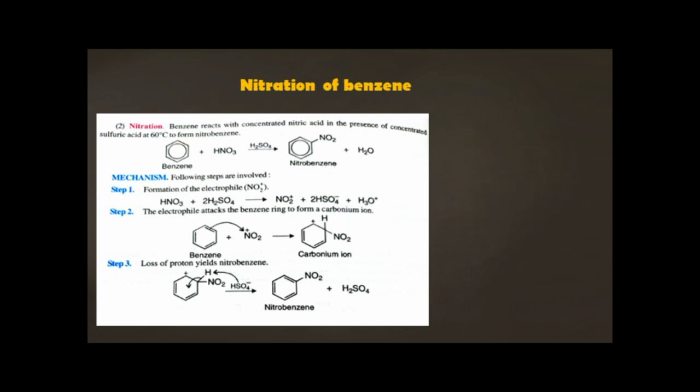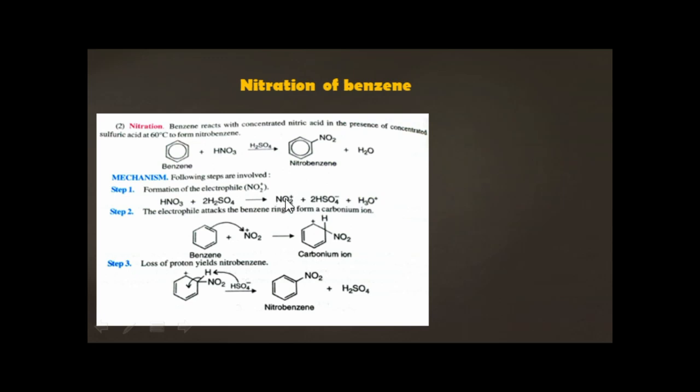Let me point out the mechanism for this nitration of benzene. As usual, in the first step, the formation of the electrophile: NO2 plus electrophile is generated from the mixture of concentrated nitric acid and sulfuric acid. This NO2 plus, we can call that nitronium ion.